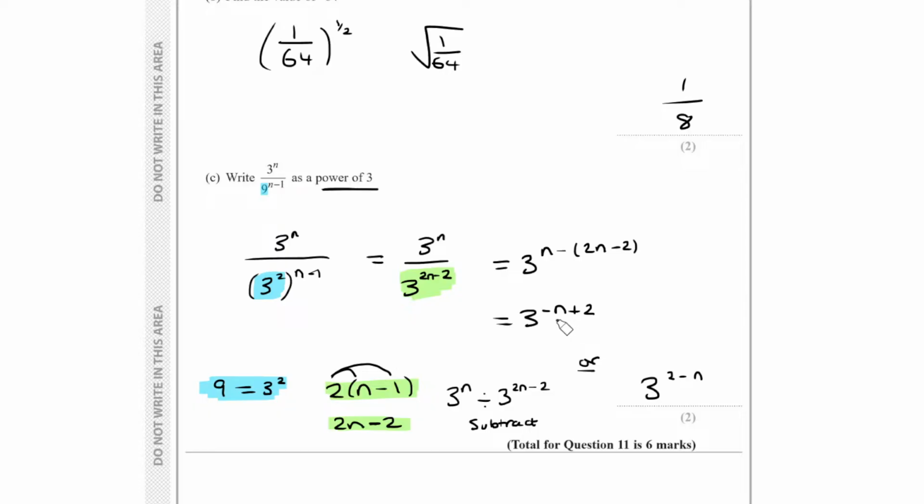So then I ended up with minus n plus 2, or if you want to write it the other way around, you can write it the other way around. These two are exactly the same. I just flipped it because I didn't like how it looked. So as long as you've written one of these two answers, then that's the answer. I don't know if that answers your question. It might be that if you haven't seen the index laws.